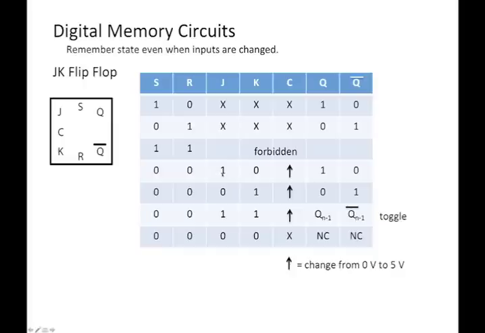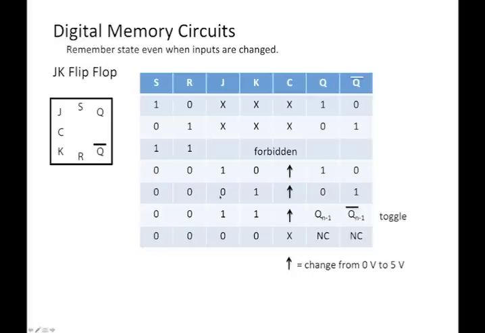If J is high and K is low, and the clock, and this arrow represents going from low to high, so on the transition from low to high, then Q will be 1 and Q bar will be 0. If it's low or it's high or it goes from high to low, then there's no change in the output.